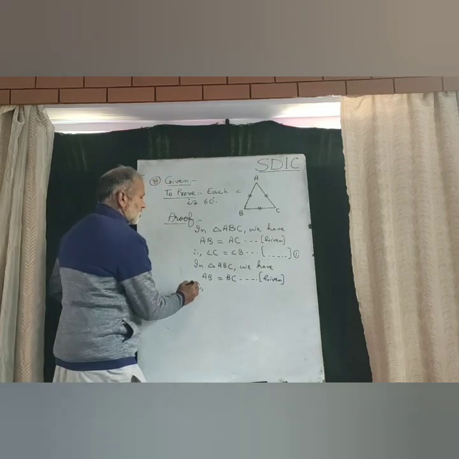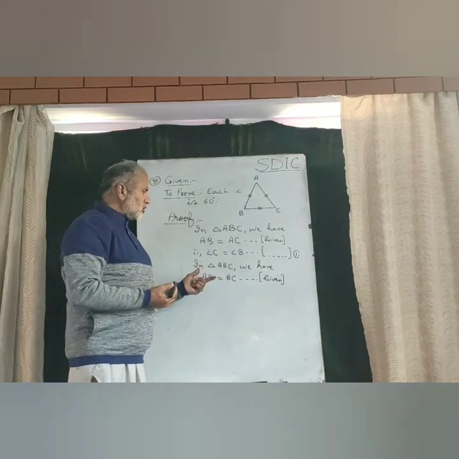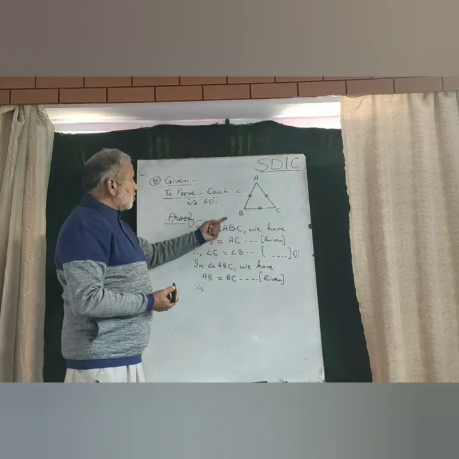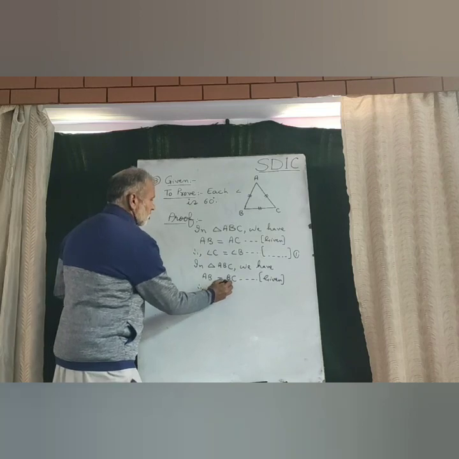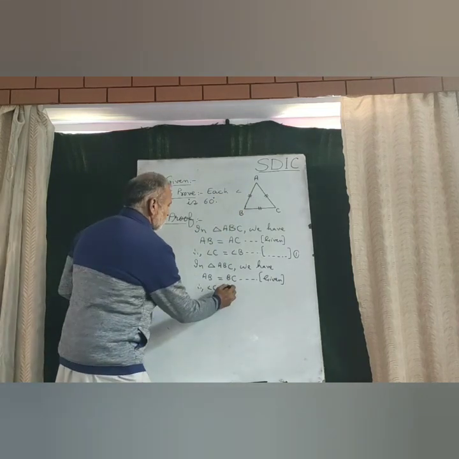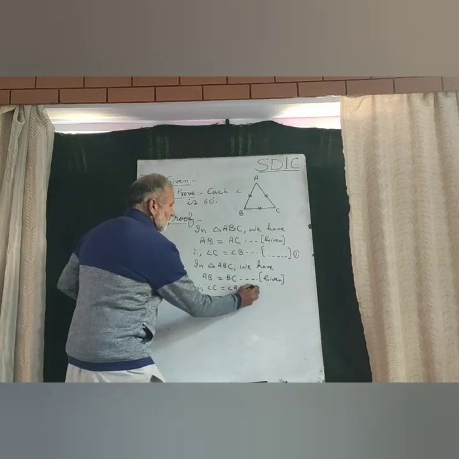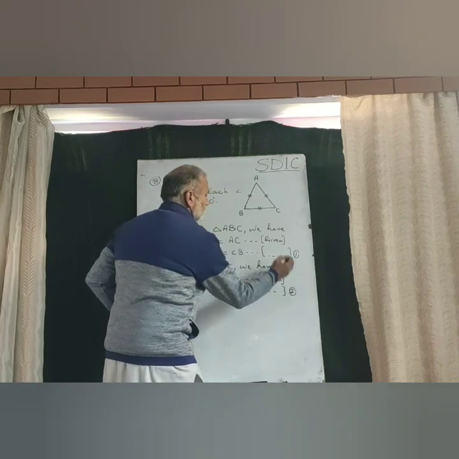Therefore, apply the same theorem again. Their opposite angles will be equal. Find out their opposite angles. Angle opposite to AB side is angle C is equal to angle opposite to BC side is angle A. The reason is same, and you will mark this as number 2.